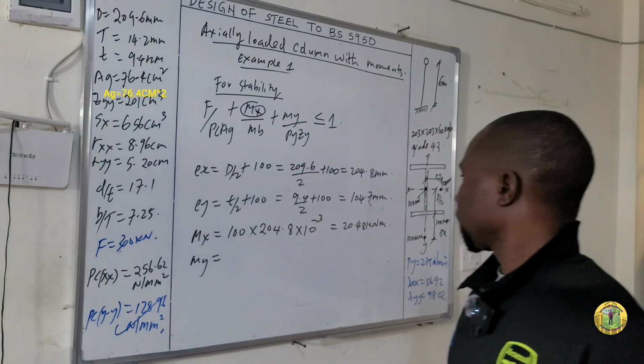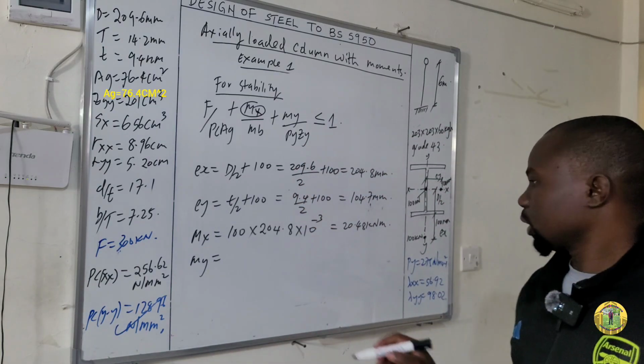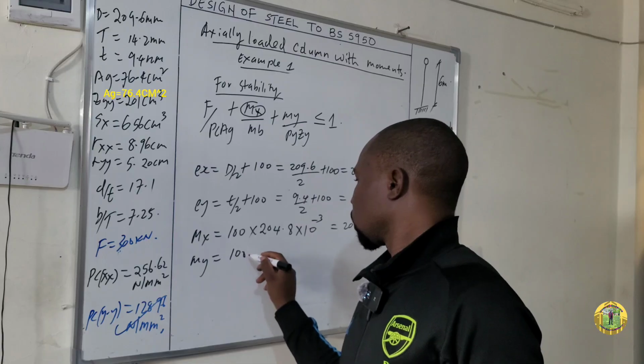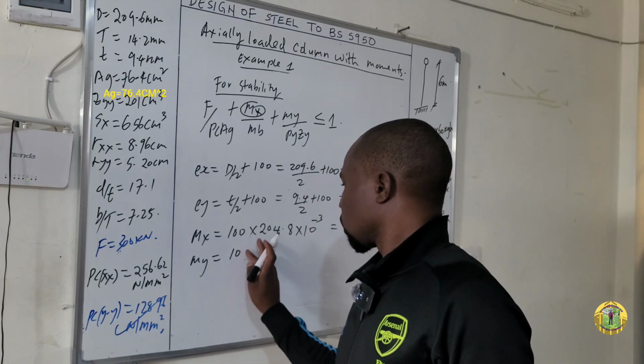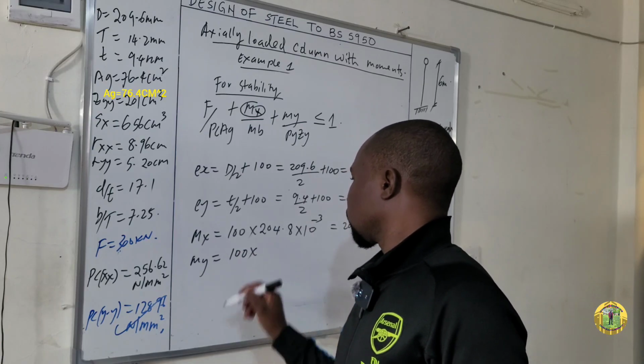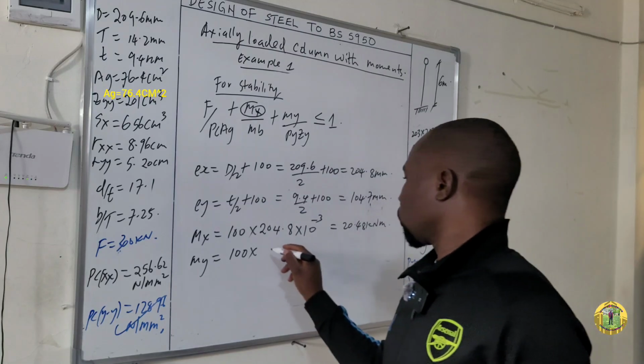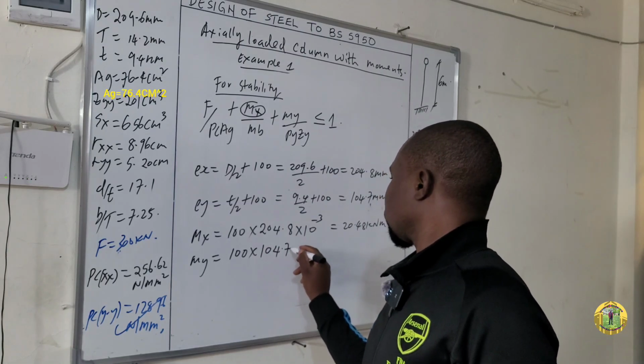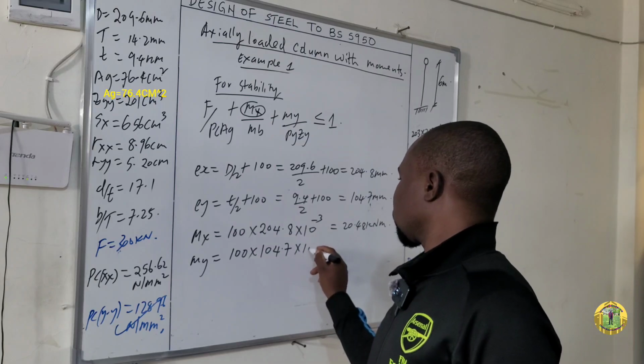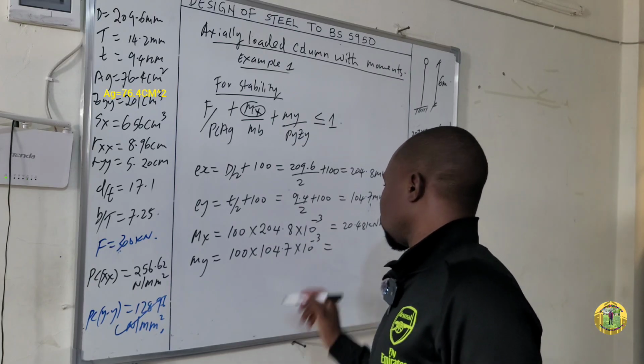Let's go to MY. So MY will be 100 times EY, which is 104.7, again times 10 raised to power negative 3.